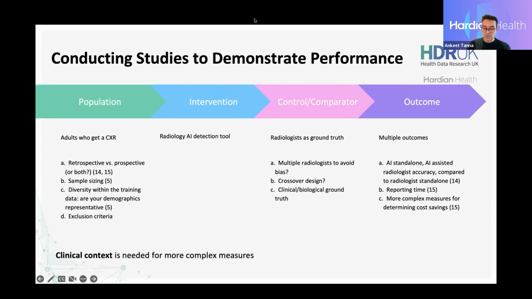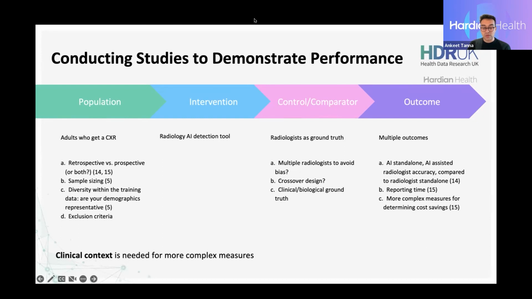So let's just take a perhaps slightly unrealistic example, but let's say the initial intended use is to detect abnormalities on a chest X-ray, and your study also aims to prove that patient turnaround time in A&E is improved by this. So, depending on trusts, certain X-rays may not necessarily be reported, and the intended user is a radiologist.